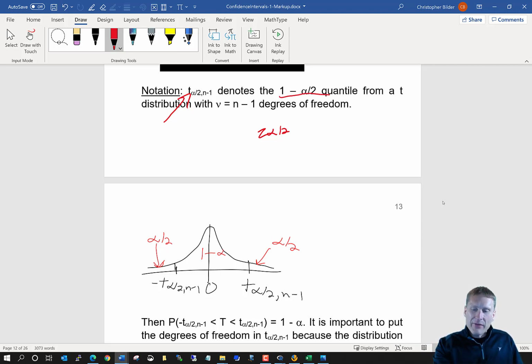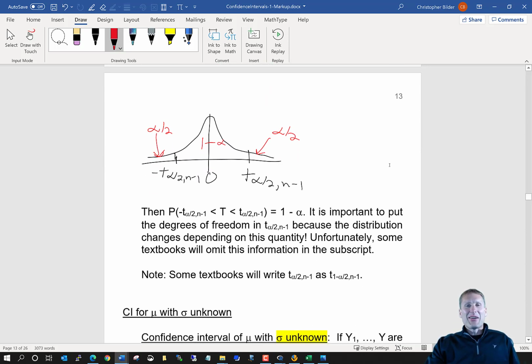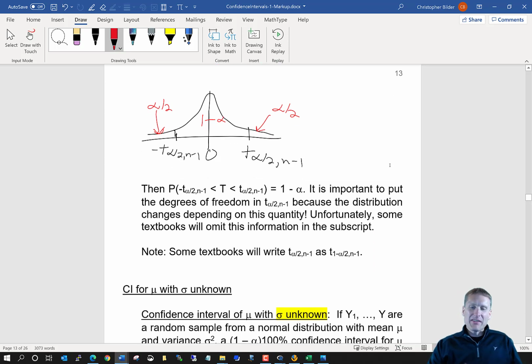The 1 minus alpha divided by 2 quantile from a t-distribution with n minus 1 degrees of freedom is denoted symbolically like this, where we have a little t subscript, we put alpha divided by 2, and then a comma, n minus 1. We need that n minus 1 there because that's going to change what the distribution ends up being. And for some reason here, I decided to draw it out instead of actually do it in R. But this is essentially what's going on here.